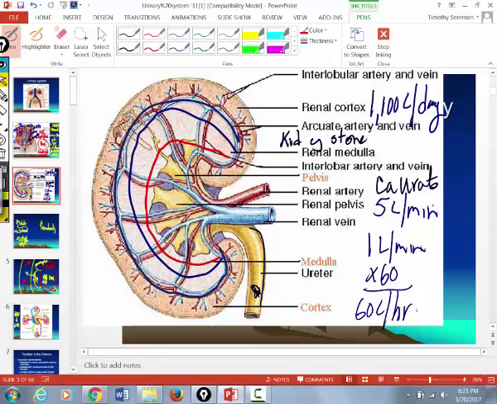It goes up. You better write this down. The collecting tubules, in the absence of hormones, are impermeable to water. So whatever the amount of water is in the collecting tubules, if there's no hormones around, that's the amount of urine that you're going to produce.